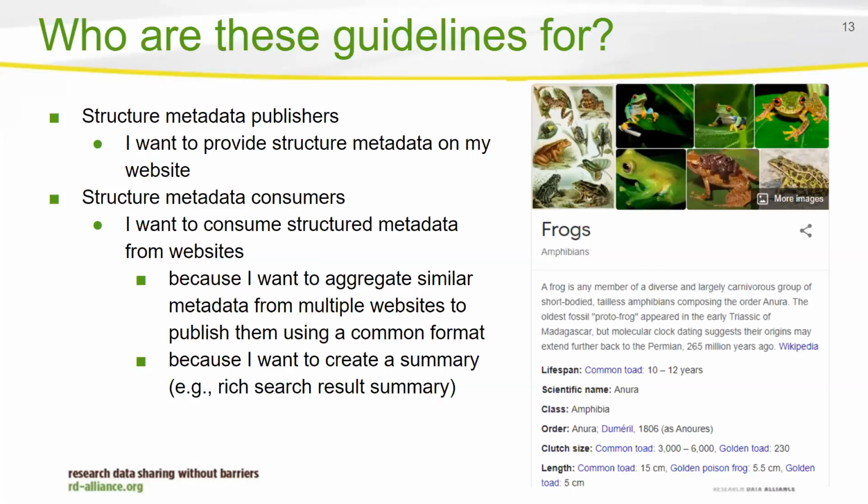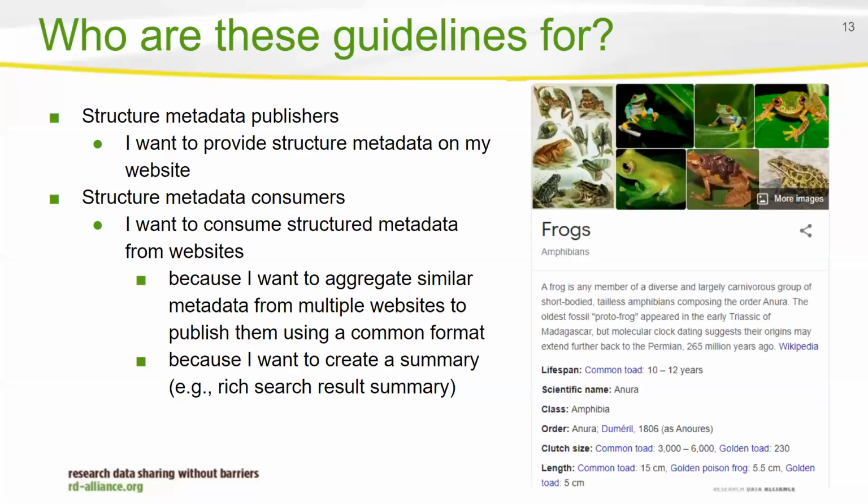We are creating guidelines for structured metadata publishers, people that have data on a website and want to provide structured metadata on top of what they already have in the website. And they want to integrate that in such a way that it is not disruptive to the website experience. The other persona that we are taking into account is structured metadata consumers.